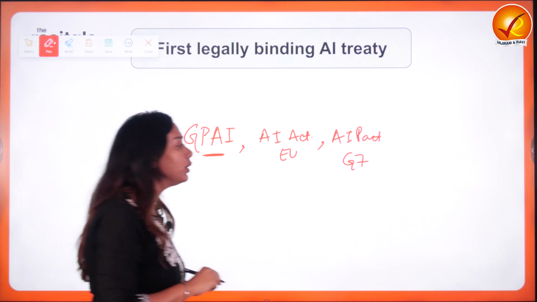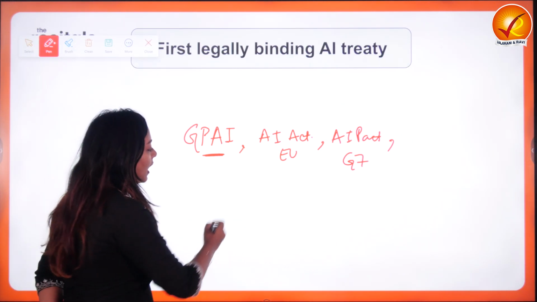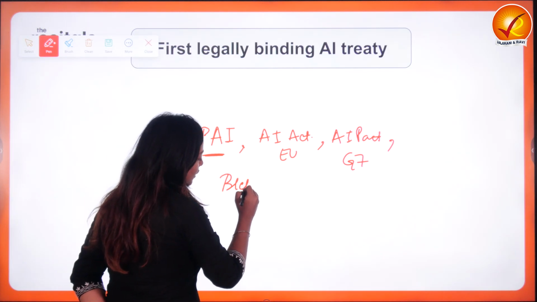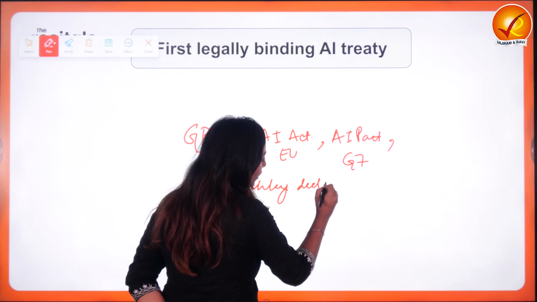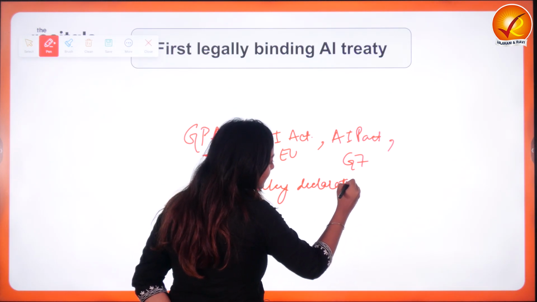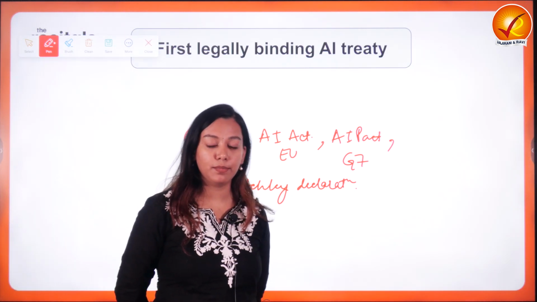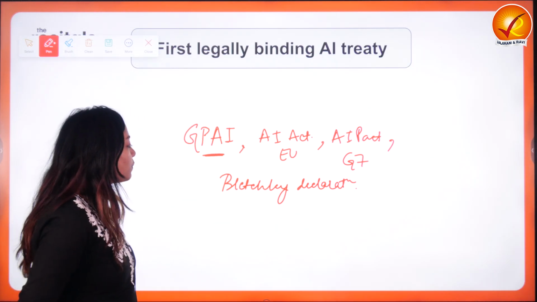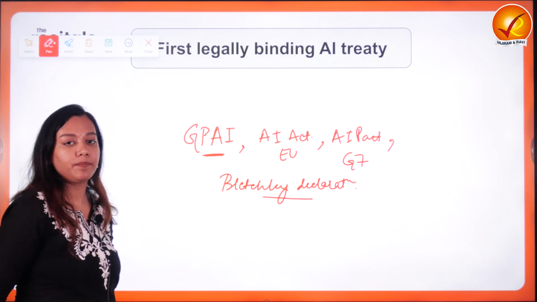Can you recall one more? Because we have read it in the recitals previously. Another one is the Bletchley Declaration. The Bletchley Declaration, again talking about bringing a consensus in utilizing AI and making it more accessible, affordable and available for all the geographies. So Bletchley Declaration is also related with the use of AI.